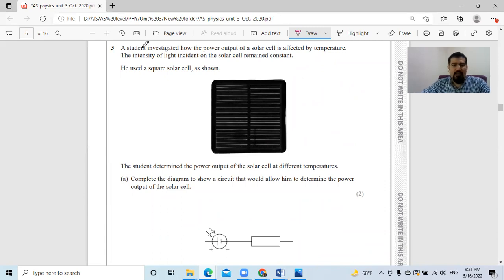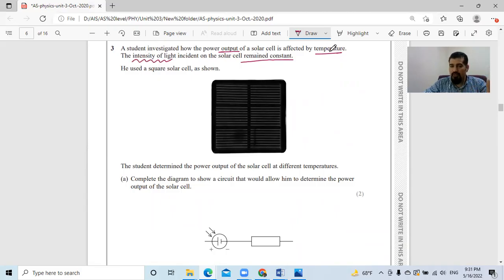Question number 3. A student investigated how the power output of the solar cell is affected by the temperature. The intensity of light incident on the solar cell remains constant.